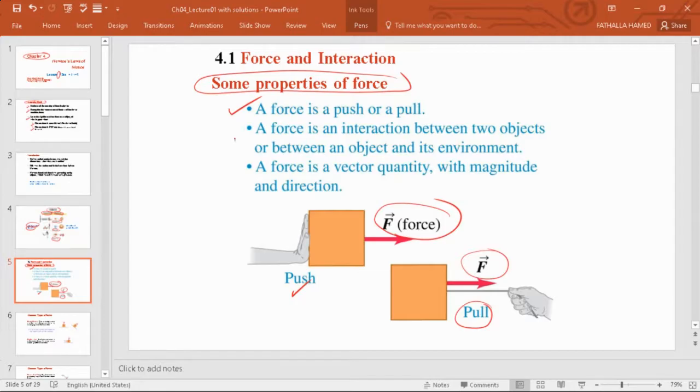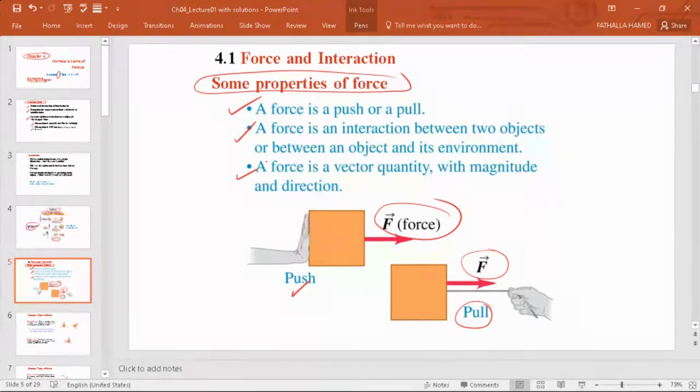A force is an interaction between two objects or between an object and its environment. A force is a vector quantity with magnitude and direction. And we already dealt with vectors.